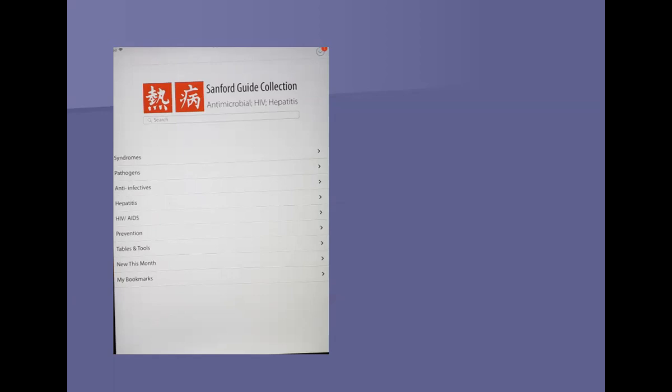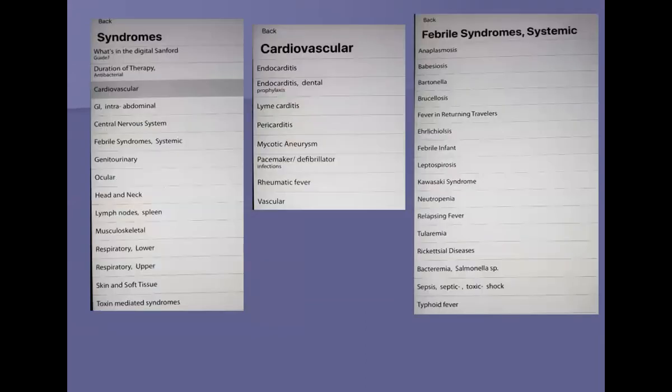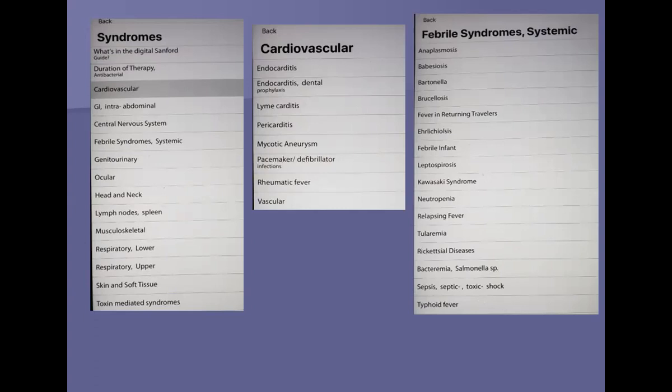But they have great tables that show you susceptibility for not just the common bacteria, but for fungi and for viruses as well. That can be very helpful, especially in the middle of the night if you're on call, for different syndromes and organ systems, and even specific pathogens.